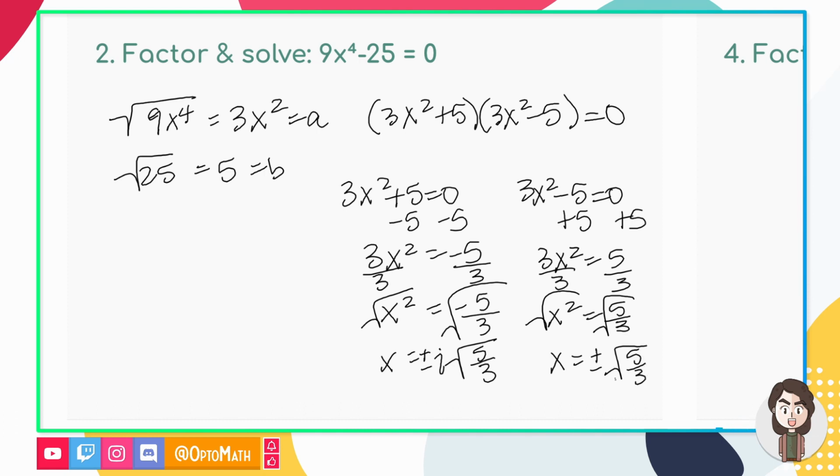There's no i there. So here are our final 4 roots, and I'll just write them separately. i square root of 5/3, negative i square root of 5/3, square root of 5/3, and negative square root of 5/3. The 4 roots match our degree here. They're all multiplicity of 1.